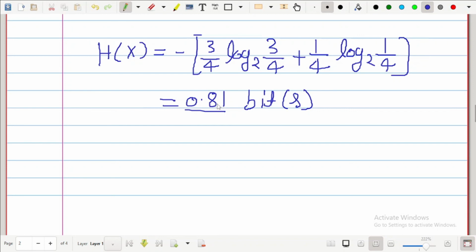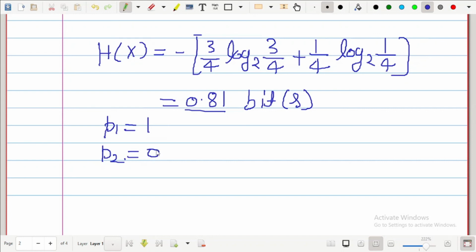Again take the extreme case where P1 is equal to 1 and P2 is equal to 0. So you have made the probability of getting head equal to 1 and the probability of getting tail 0. That means it is certain that it will come head.